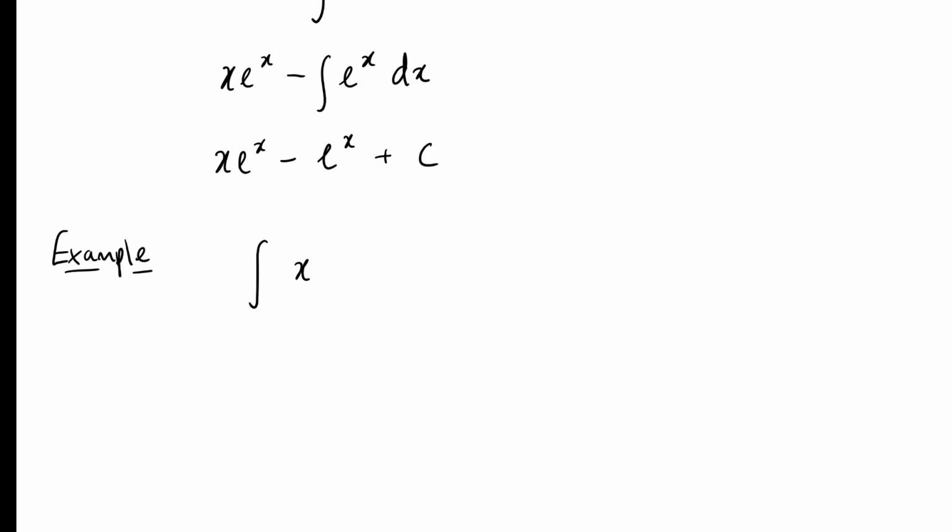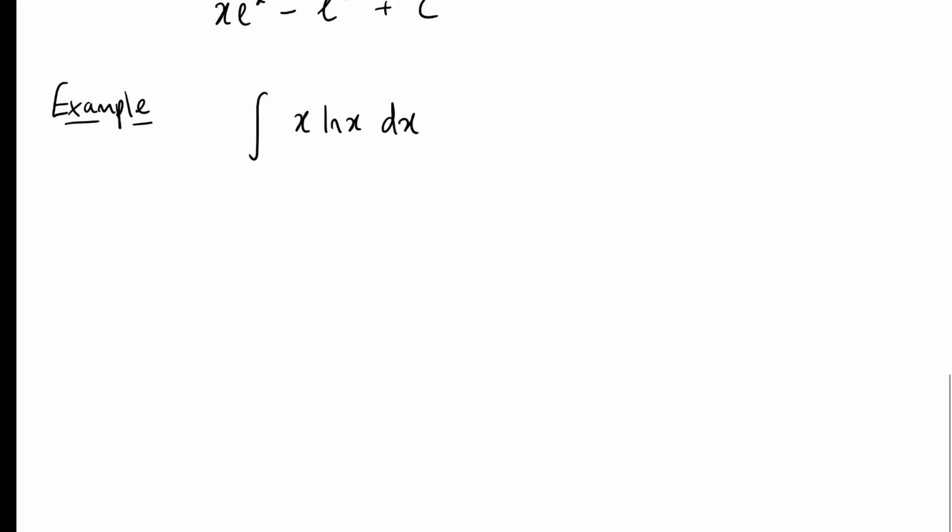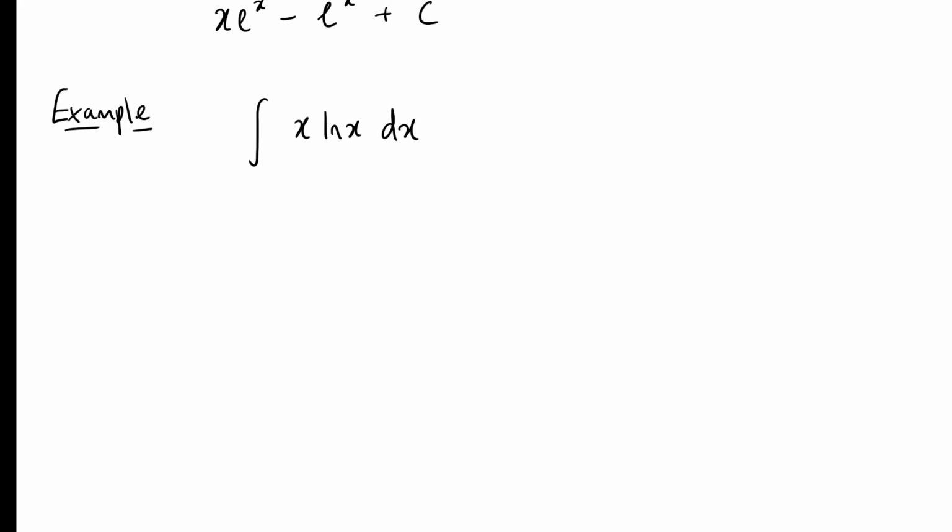The integral of x ln x dx. This again doesn't follow any of the integration methods that were discussed previously, so it's likely to be solved by integration by parts. Let u equal ln x.